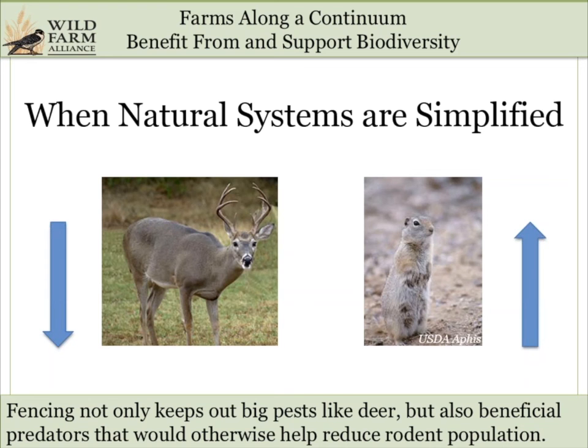But it's good to open those up when the production isn't happening, lay down the fences or open up the gates for several reasons. And one is, besides connectivity and less genetic bottlenecking, it can help open up the area to predators that would keep ground squirrel populations down, because otherwise these fenced areas sometimes have high levels of rodents.